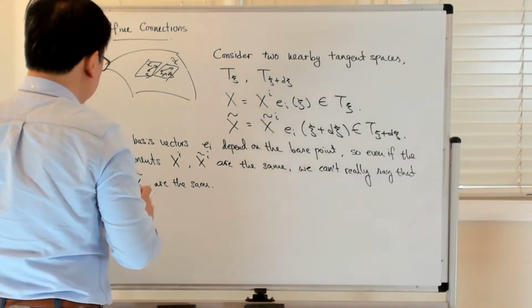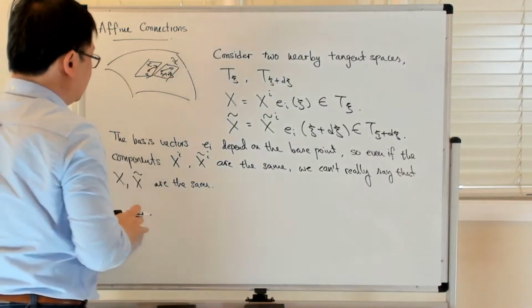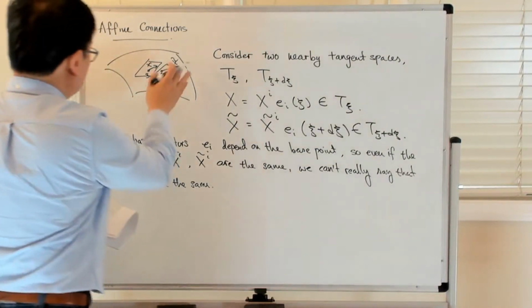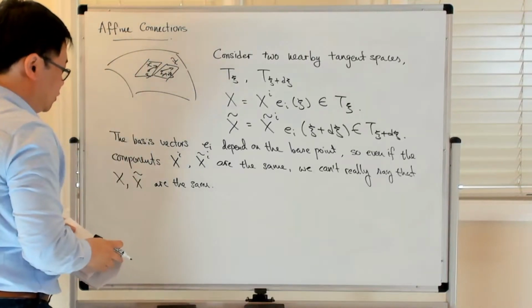We want to define, in some sense, a one-to-one correspondence between nearby tangent spaces so that it has this limiting agreement.